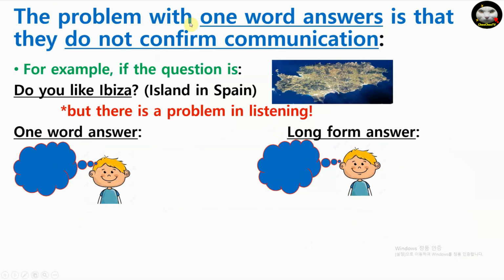The problem with one-word answers is that they do not confirm communication. Let's look at an example. If the question is, do you like Ibiza, which is an island in Spain? But what if there's a problem in listening? For instance, this student hears pizza, not the word Ibiza, and answers yes.